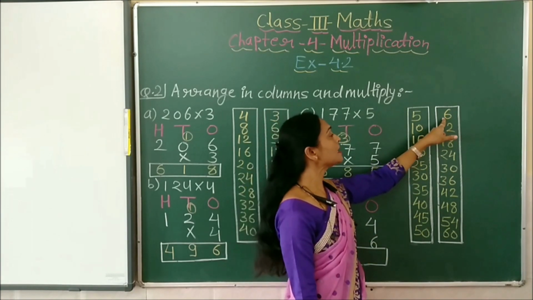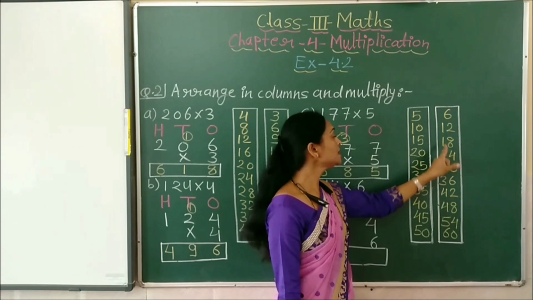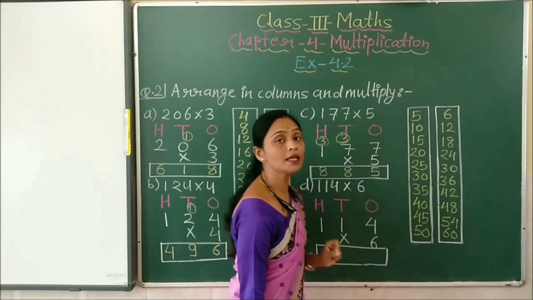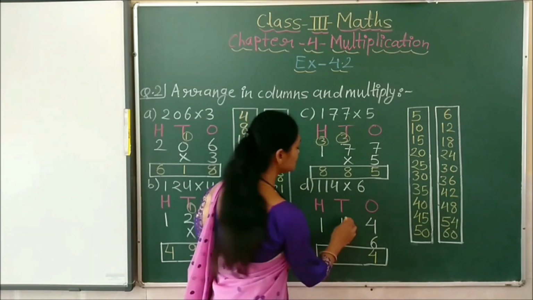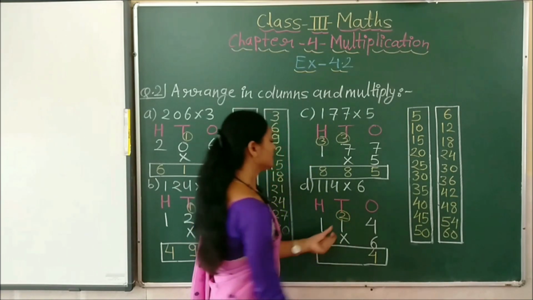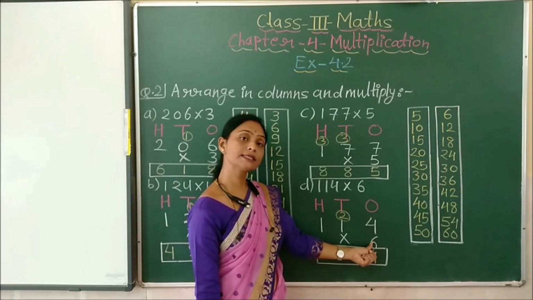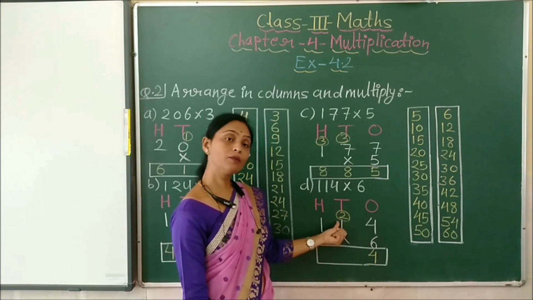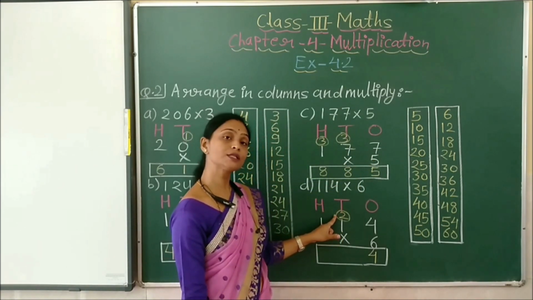So 6 ones are 6, 6 twos are 12, 6 threes are 18 and 6 fours are 24. So we have to write here 4 and then 2 we have to write here in carryover. Now again we will read the 6th table. How many times? 1 time only. So 6 ones are 6 only and then we have to add this 2 in 6.